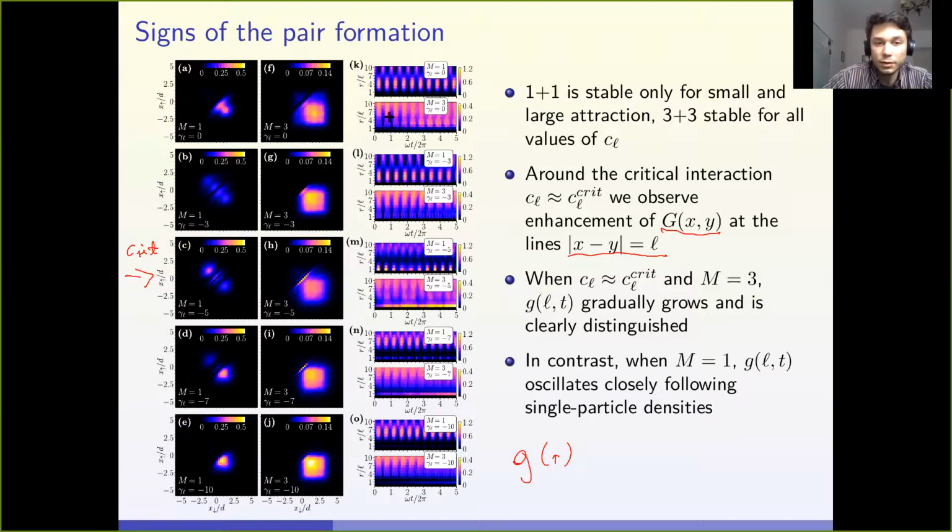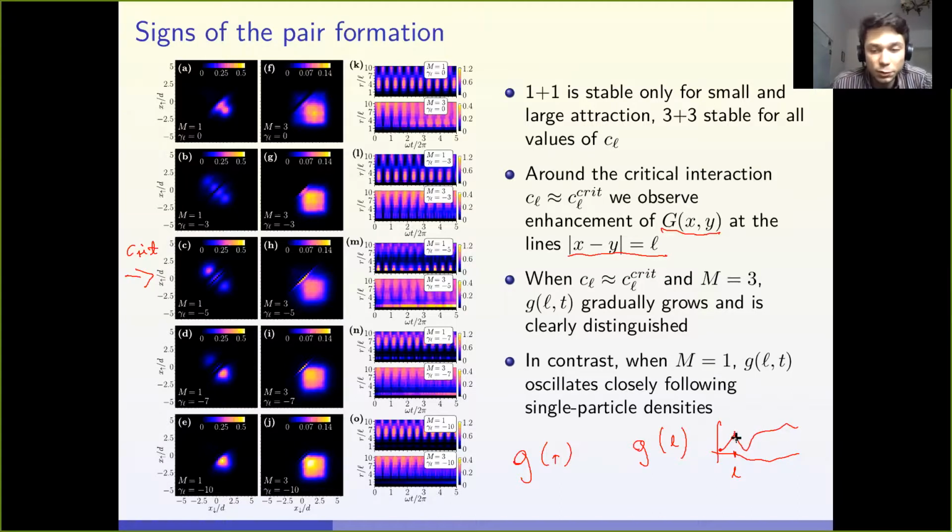For each time we have the distribution, and let us simply focus on the case of the critical value, picture M. When we look at G of L, this corresponds to this bright line, and the bright line tells you that this distribution roughly has a maximum at a distance L, and something happens there.